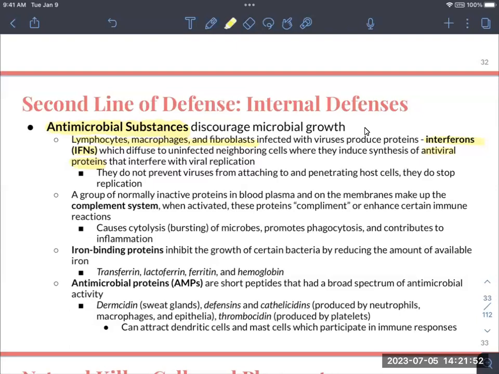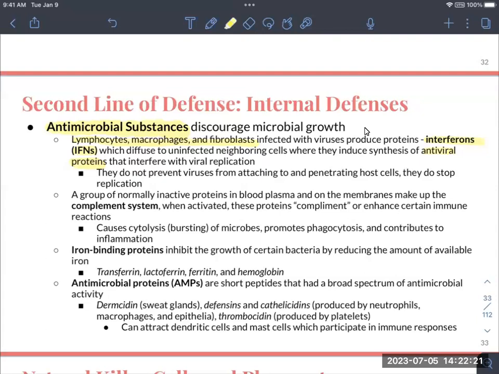They go into that cell that has that virus in it and try to prevent this virus from replicating. So viruses can still get into that cell. They just stop them from actually replicating and making more copies of themselves.